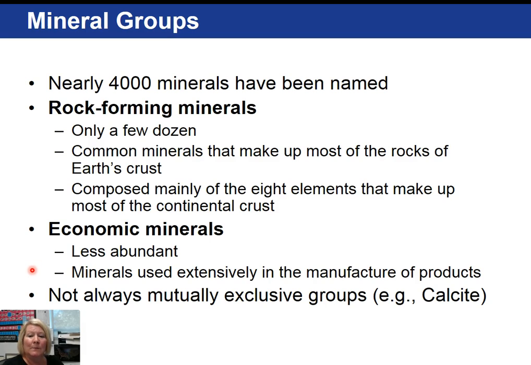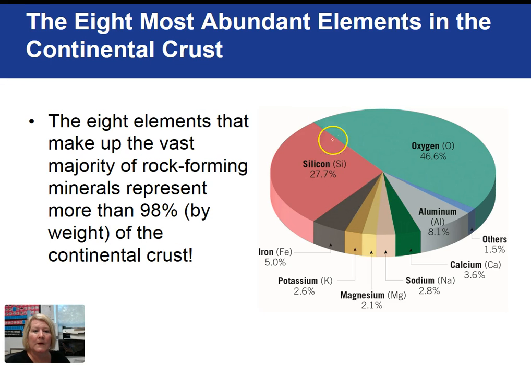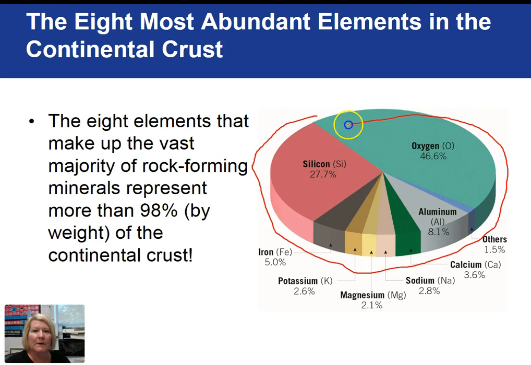Economic minerals are less abundant, but they are very important for economic reasons. These are minerals used extensively in the manufacture of products. This pie chart shows the 8 most abundant elements in the Earth's continental crust.